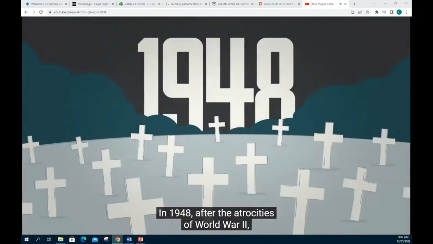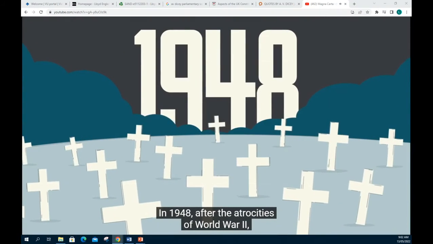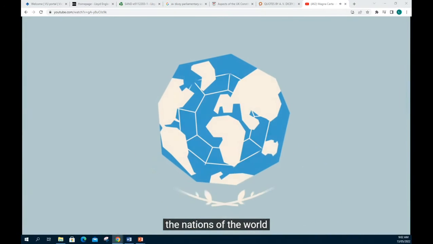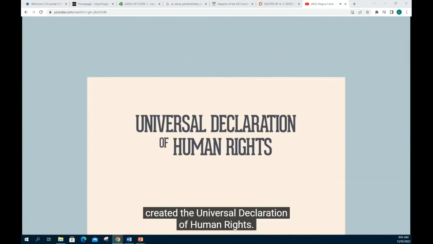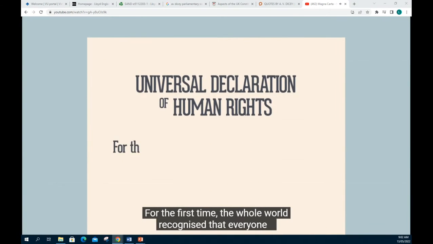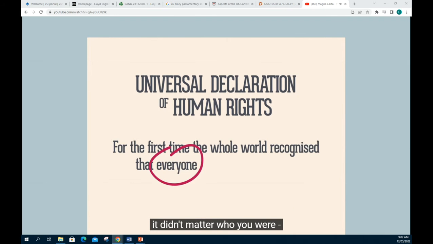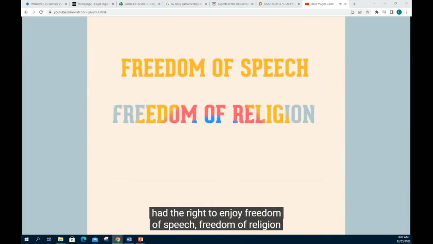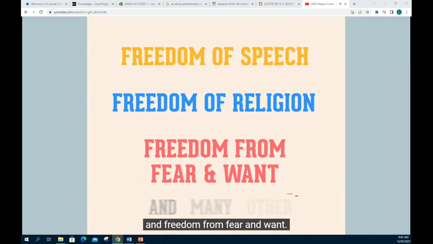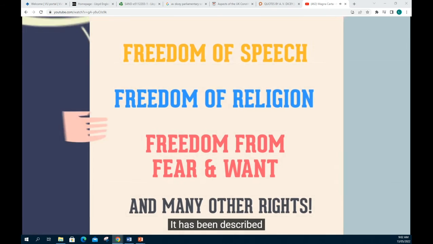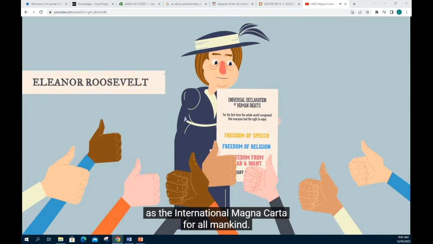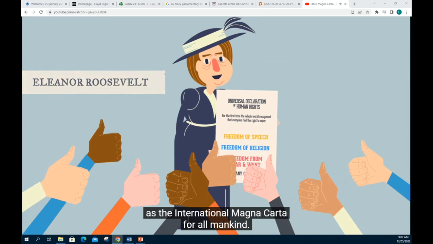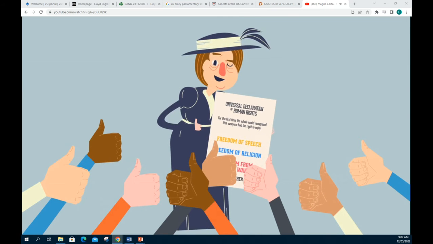In 1948, after the atrocities of World War II, the nations of the world created the Universal Declaration of Human Rights. For the first time, the whole world recognized that everyone, it didn't matter who you were, had the right to enjoy freedom of speech, freedom of religion, and freedom from fear and want. It has been described as the international Magna Carta for all mankind.